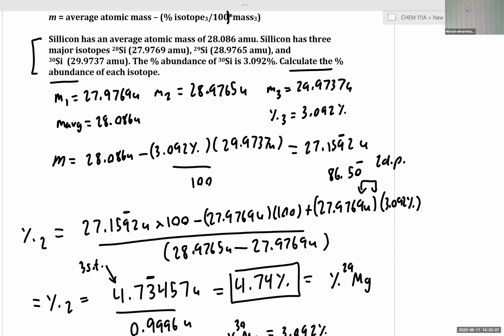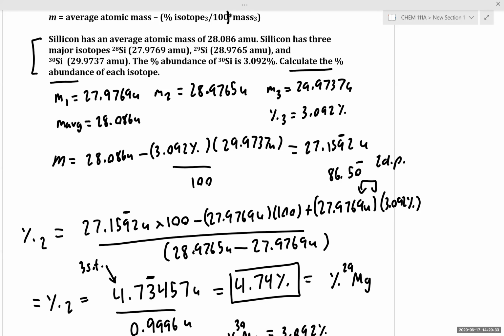The problems that you see in Mastering Chemistry will probably only go up to 2 isotope systems. I'm just showing 3 isotope systems because they may appear in the homework and may appear in certain common created exams, but this is about as difficult as it's gonna get.